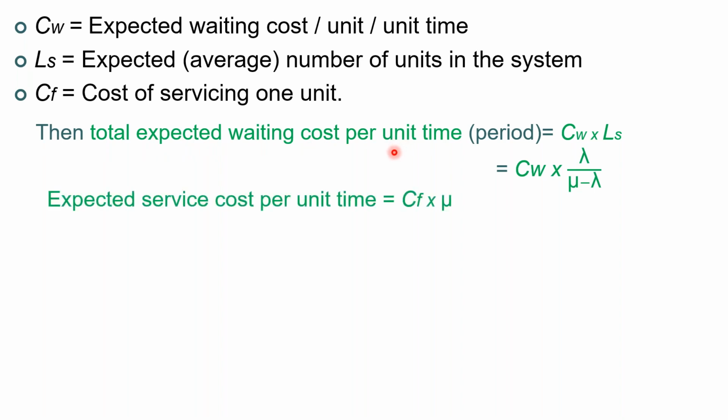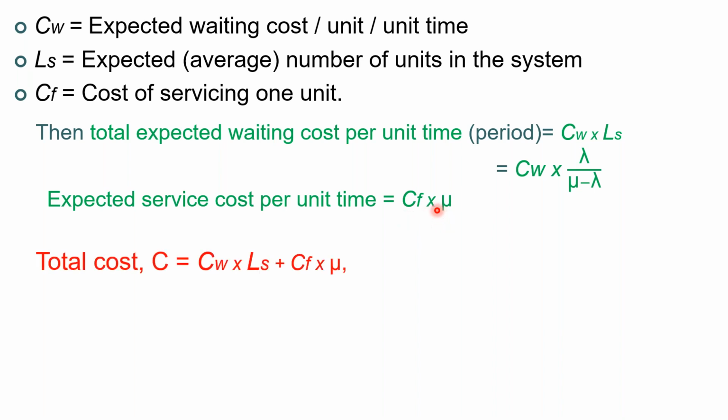Now the expected service cost per unit time will be given by CF multiplied by your departure rate, or service rate, mu. CF multiplied by mu.